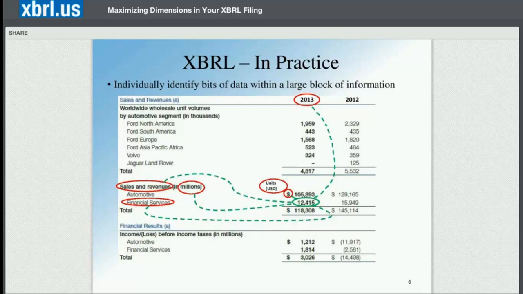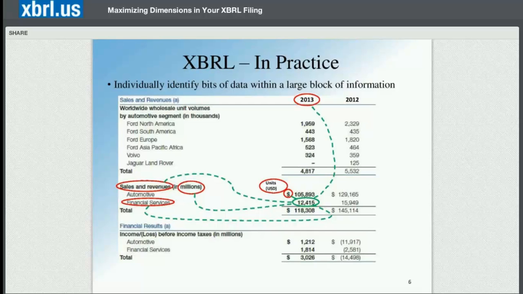Every value in your instance receives certain pieces of information, such as the entity, the decimals, which is the level of precision of the fact value. In this case, it's millions, so we know the 12,415 is millions of sales. The unit, in this case US dollars, which tells us what that value represents, what is the actual thing itself, and the period context.